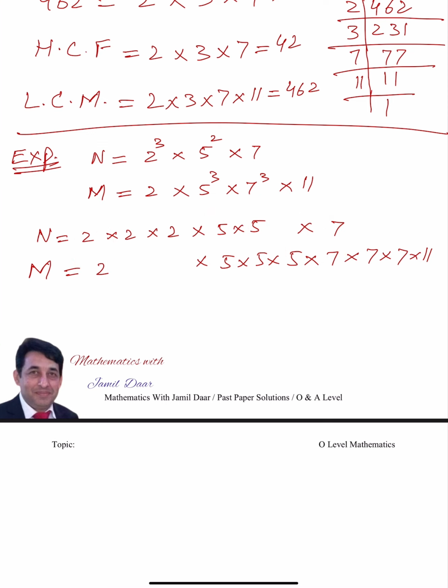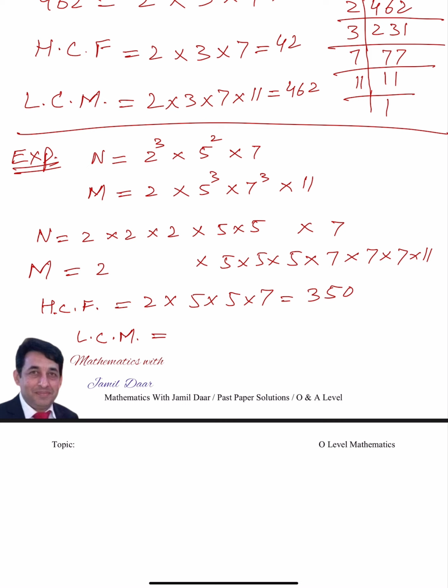So HCF will be 2 times 5 times 5 times 7. I've made this question now by myself, so I don't know what would be the exact answer. Let me multiply. This is 10 and 35, so 350.